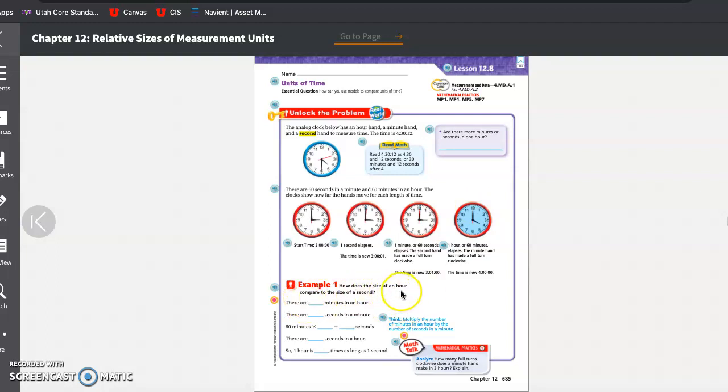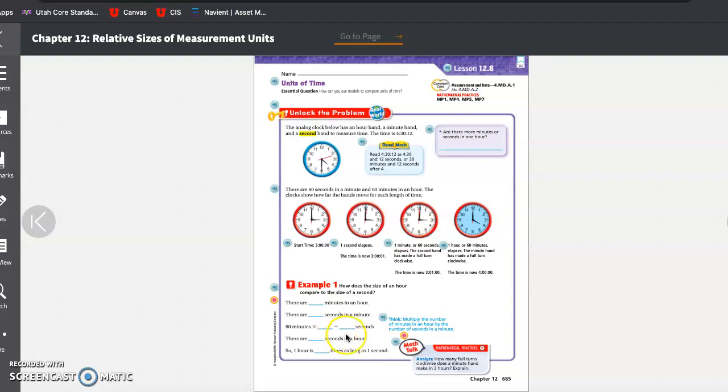Okay, how does the size of an hour compare to the size of a second? There are blank minutes in an hour. Everybody, 60, yes. There are blank seconds in a minute. Everybody, good, 60 seconds. So if we are trying to figure out how many seconds are in an hour, it's 60 minutes times 60, which is equal to 3,600 seconds.